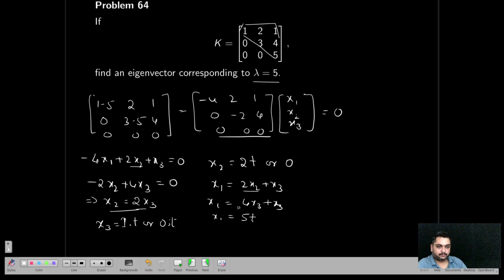So this is nothing but 4x1, right? So divided by 4. Or if I put 0, it will be 0. Now, what are the eigenvectors? Eigenvectors will be t into, so x1 is 5 by 4, x2 is 0, x3 is 0.